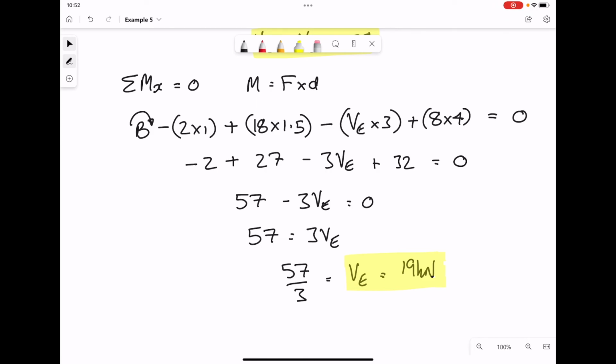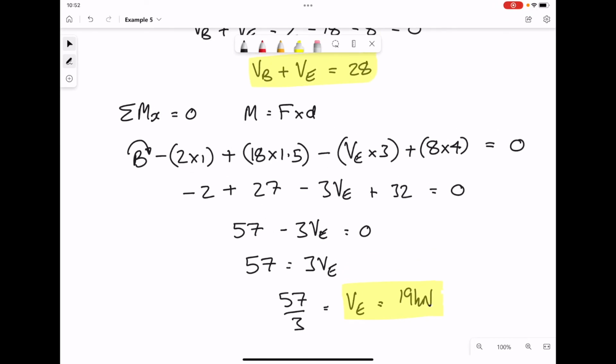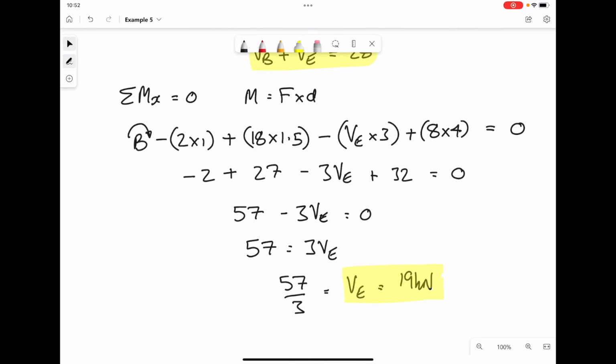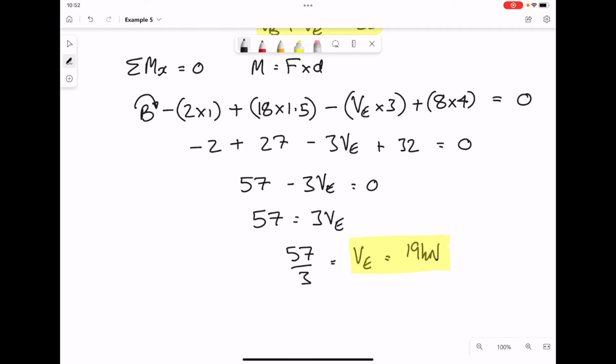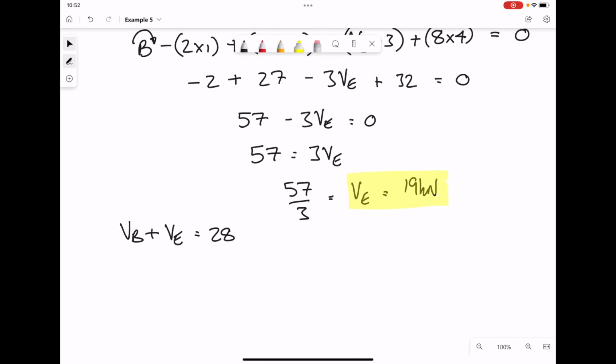Now going back to our earlier equation, VB plus VE is 28. We can substitute in our value for VE to be 19. So VB plus 19 equals 28. Take the 19 to the other side, comes negative.